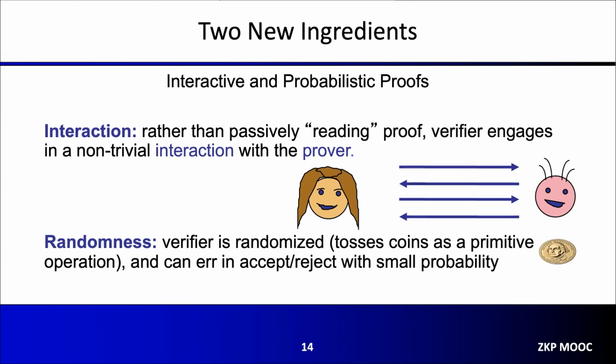What is inherent in the fact that the verifier tosses randomness is that we're also going to be willing to accept a small probability of error. What does that mean? We will get to the formal definition in a few minutes.